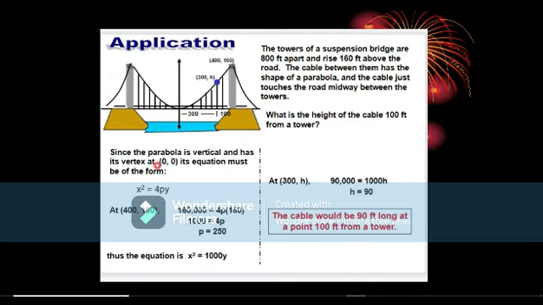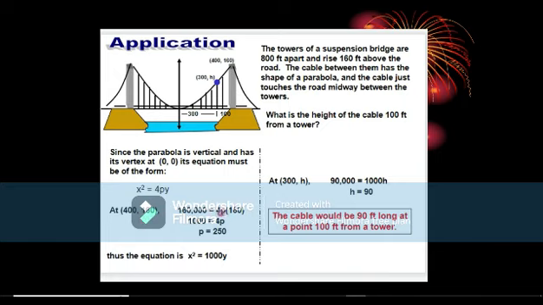Since the parabola is vertical and has its vertex at 0, 0, its equation must be of the form x squared is equal to 4py. So at point 400, 160, you substitute: 400 squared is 160,000. Then 4py, copy 4p, and the value of y is 160.